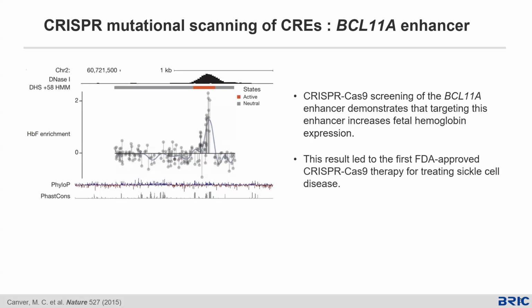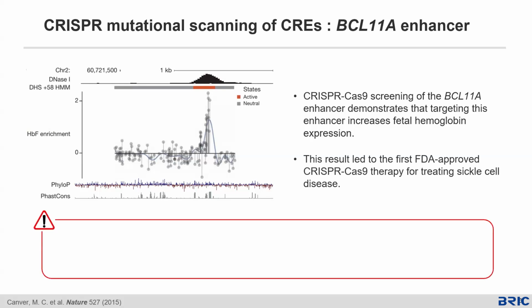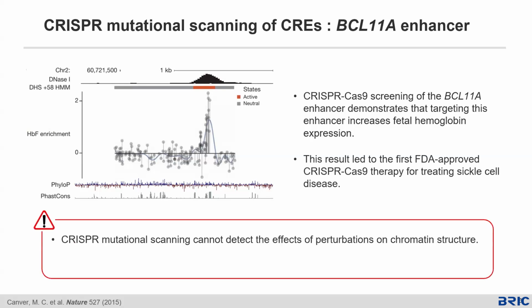However, the readout of such typical CRISPR mutational scanning is limited to phenotypic outcomes, such as fetal globin levels in this case. As a result, CRISPR mutational scanning does not capture how genetic perturbations affect chromatin structure, even though this is critical for understanding the underlying molecular mechanisms.